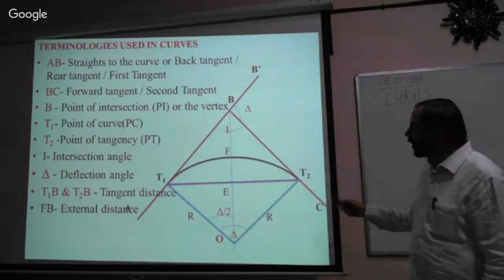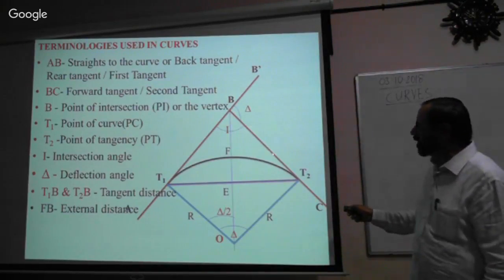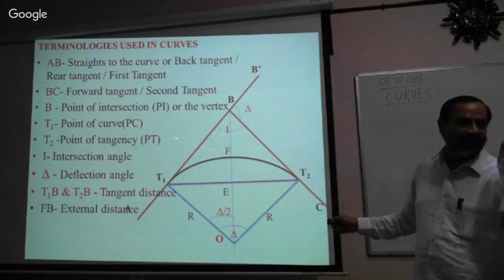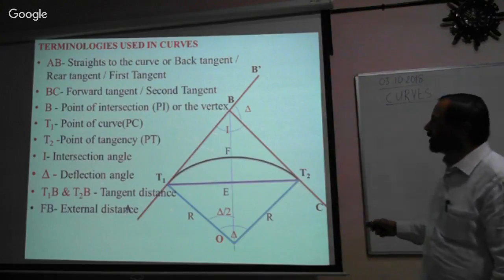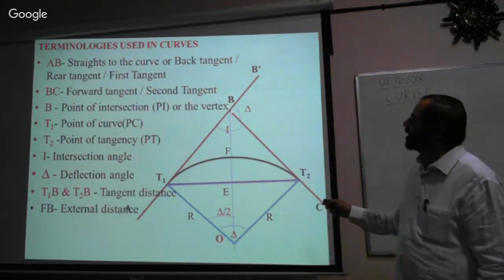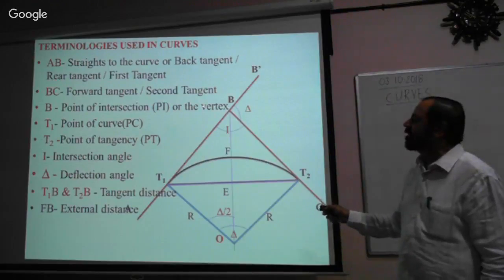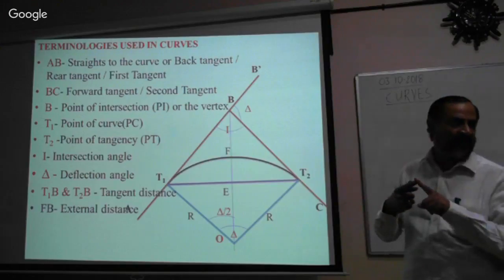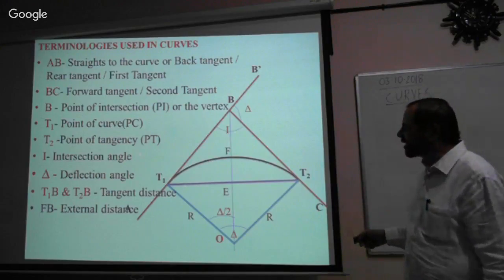When we move like this, we call this the forward tangent, and this becomes the rear tangent. We are moving from this end along the line. And B is the point of intersection. It is also called the vertex, isn't it? The point of intersection where AB and BC meet each other, where we are changing the direction.